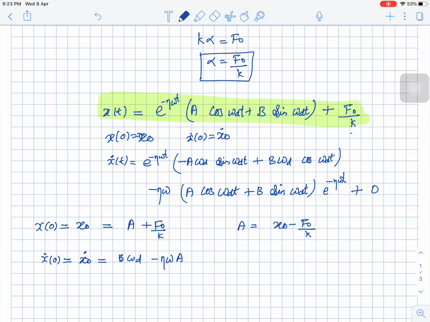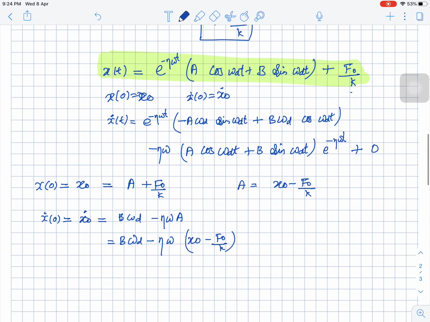Now we substitute a here: b omega d minus zeta omega times x naught minus f naught by k equals x dot naught.